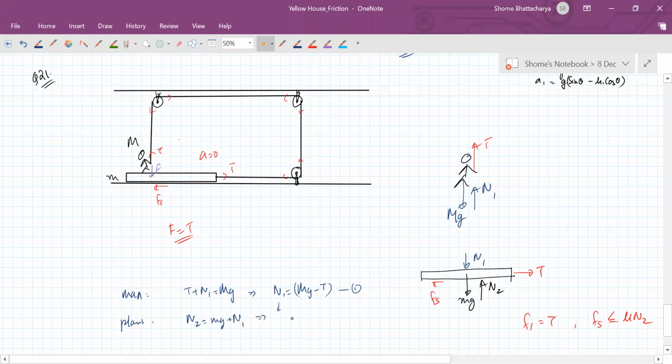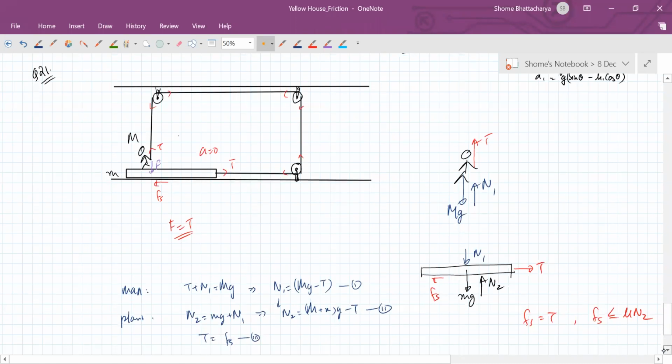So substitute this here. So N2 is equal to capital M plus small m into g minus T. Okay. And T is equal to static friction. That's your third equation.